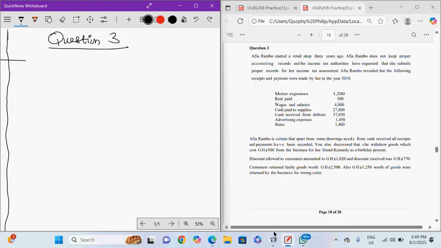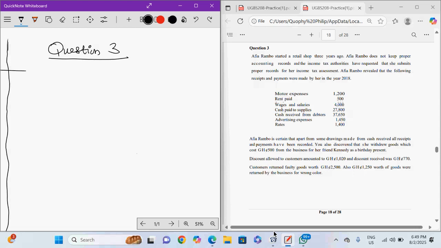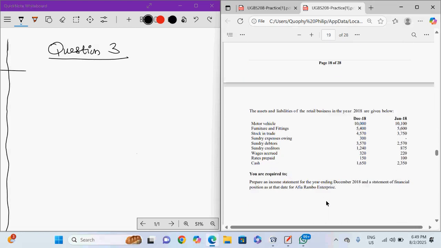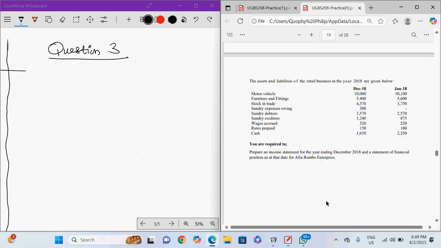The assets and liabilities of the retail business in the year 2015 are given as follows. Motor vehicle, as of December 2015, 10,000, and January 2015, 10,100.